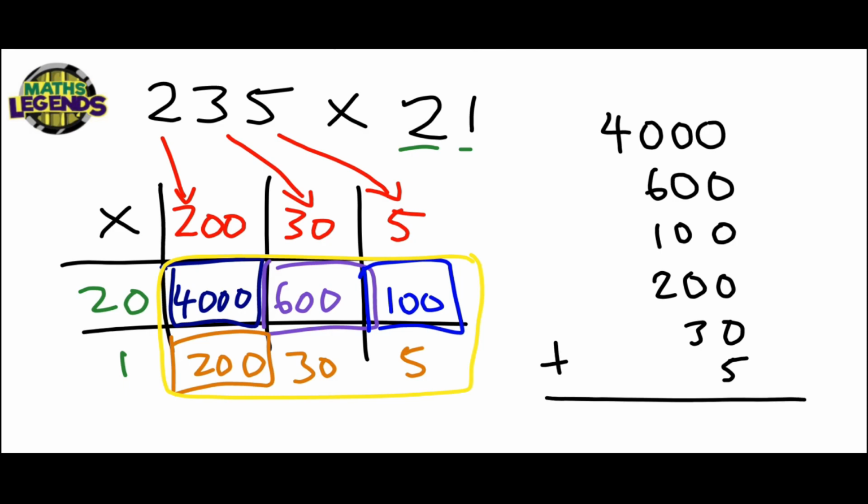So here we add the numbers together, starting with the right hand column. So 0 plus 5 is 5, 0 plus 3 is 3, 6 add 1 is 7, 7 add 2 is 9, and 4 add 0 is 4. So your answer here is 4935. Let's look at another example.